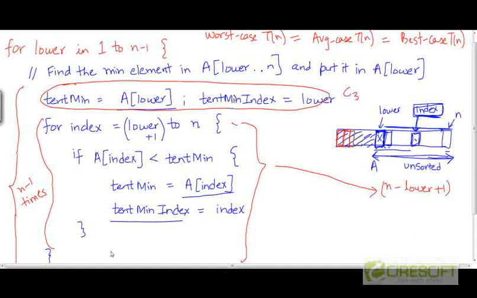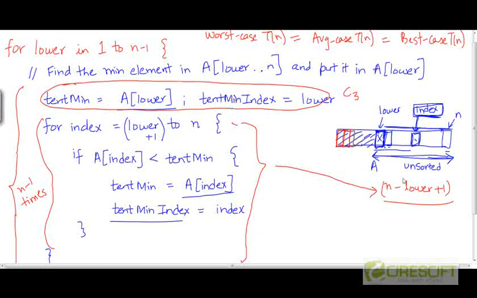And then this for loop is going to take time that is proportional to n minus lower plus 1, because you have to scan all the elements in this unsorted portion. And the number of elements in the unsorted portion is n minus lower plus 1.